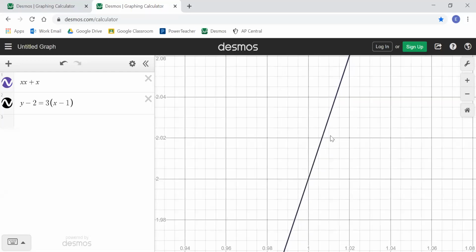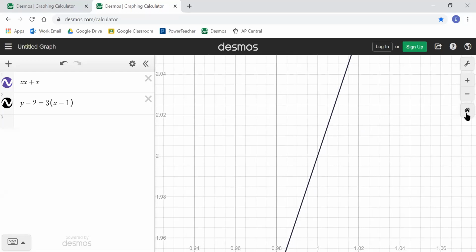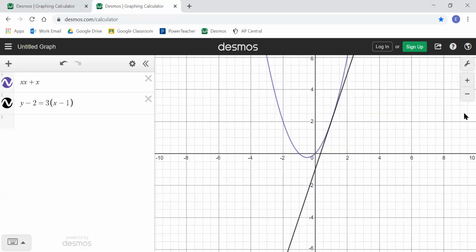And this tangent line is a good representation of the function on a very small interval. Everybody see that? Yep. All right, cool. Let's go back and do another one.